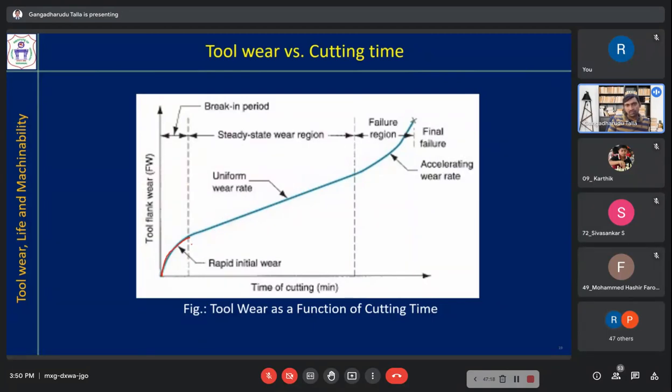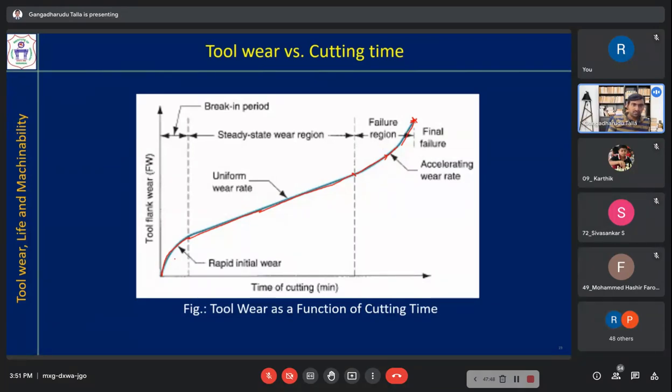Now, after it reaches some level of tool wear, there will be gradual tool wear, steady tool wear. Slowly it will wear. Now again, after reaching a certain high amount of tool wear, there will be again rapid tool wear. And finally tool will fail.